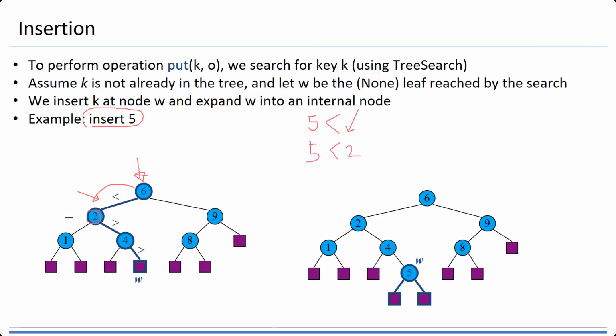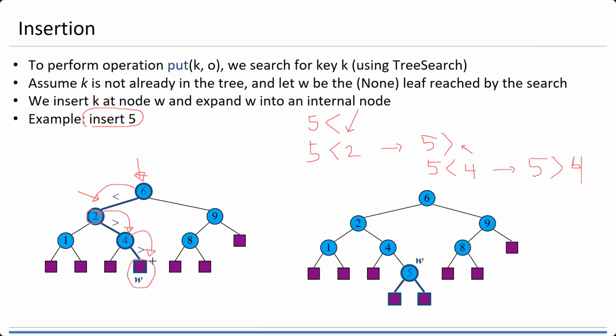No. Then check: 5 is higher than 2? Yes. Then we go to the right. Is 5 less than 4? No. Is 5 higher than 4? Yes. Then we go to the right.